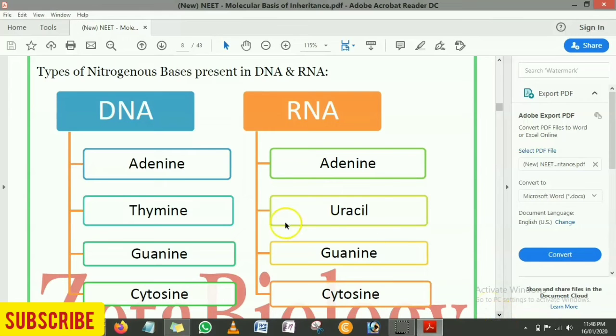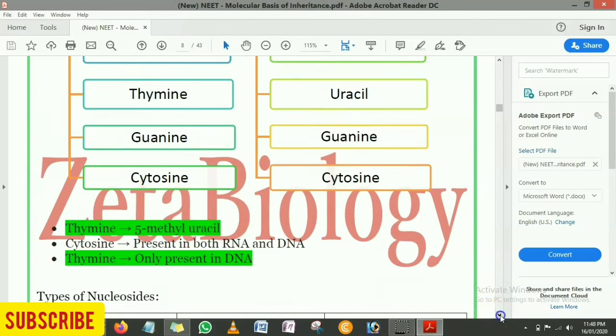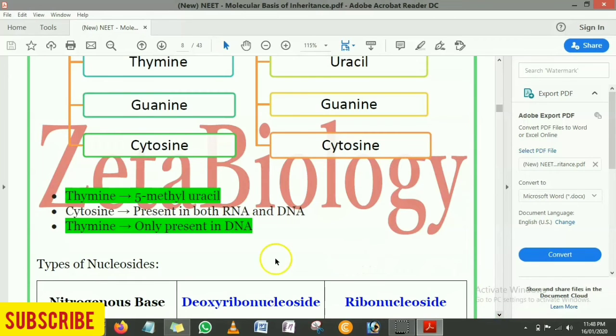Uracil in RNA makes it more chemically reactive, and that is why RNA as a whole becomes more chemically reactive than DNA, and that is why it is less stable. Thymine is basically 5-methyl uracil, and thymine is only present in DNA, whereas cytosine is present in both RNA and DNA.